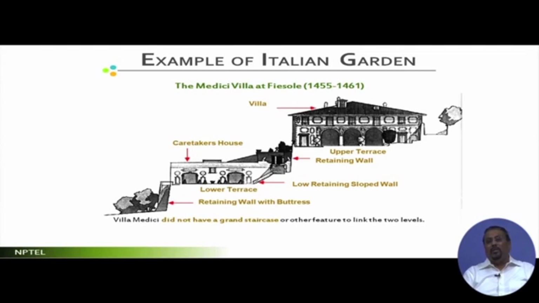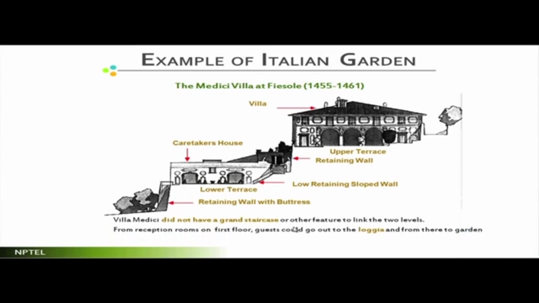It did not have a grand staircase. It was a villa, not a grand public building, or the palaces or something. So, it did not have grand staircases, but all the levels were connected with small staircases with intricate details.